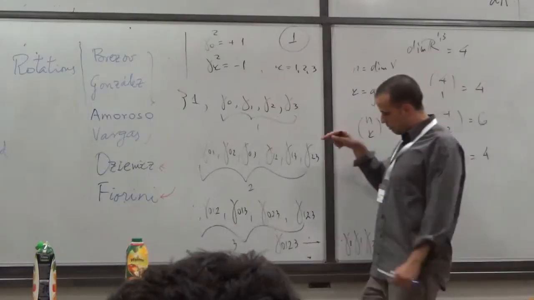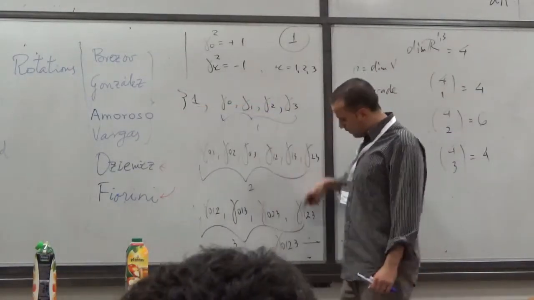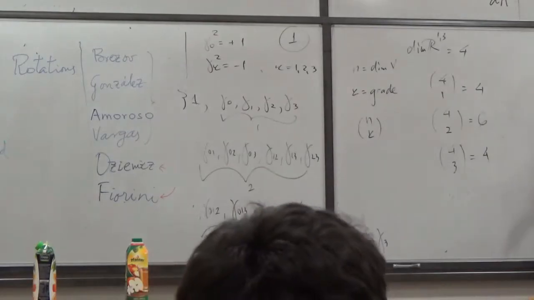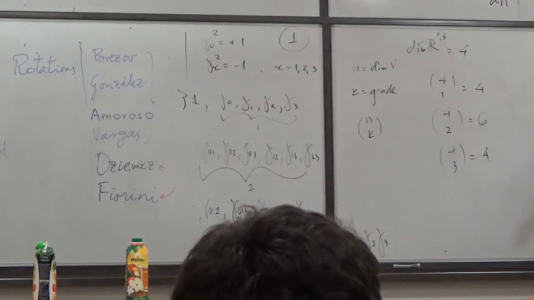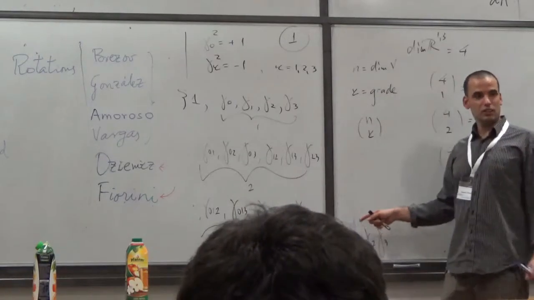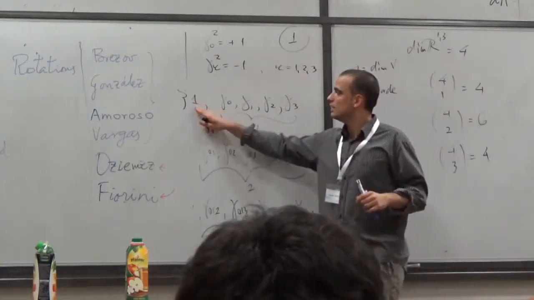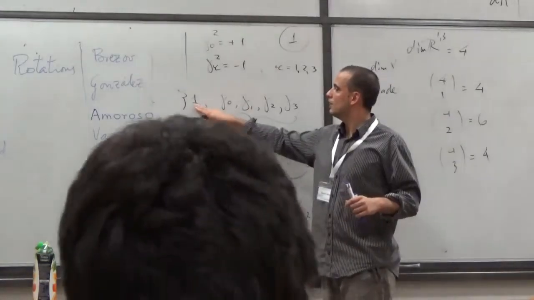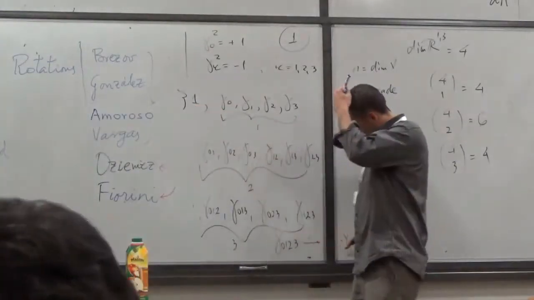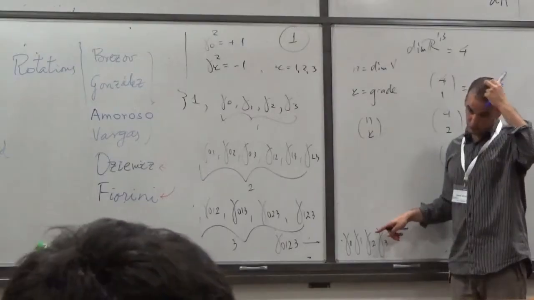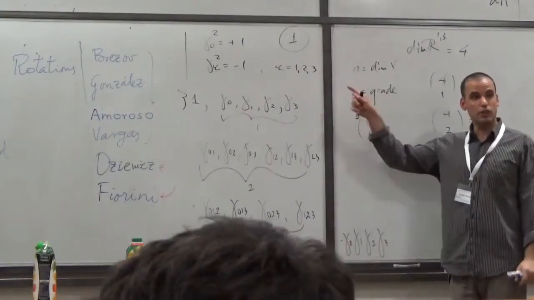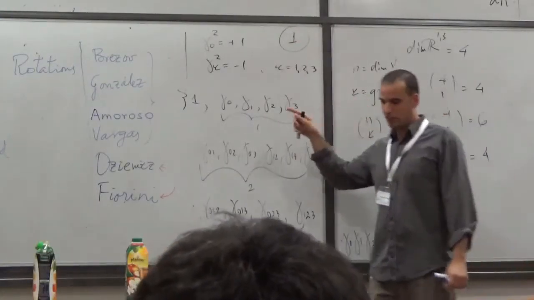So, what about the pseudoscalar? Why is this a pseudoscalar? It might not commute with the other elements. So, this is the center of the algebra. This thing might also be the center, as we saw in the case of the three-dimensional algebra.